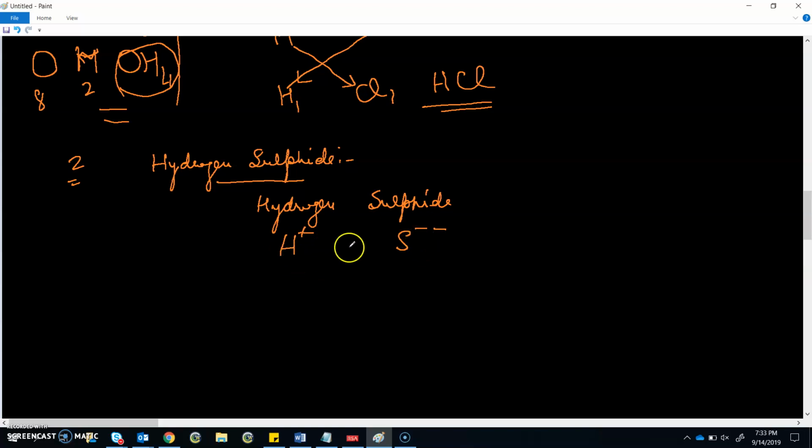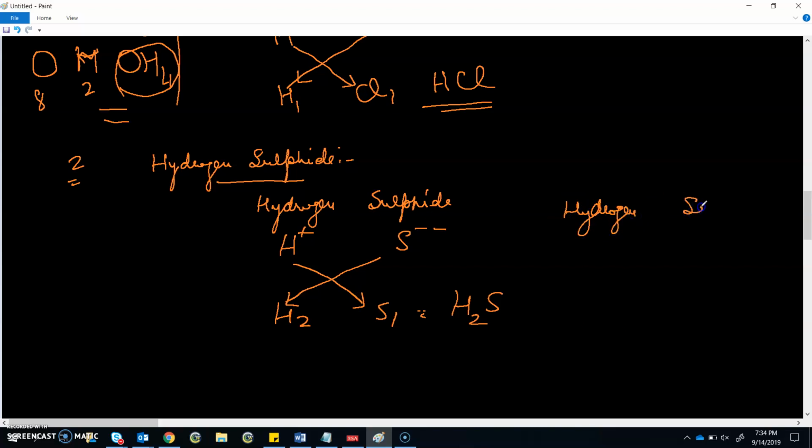That means to equalize the valencies, first method that I told you, you can write like this. Write H and S, and write the valencies. This valency comes to this side and this valency comes to this side. The formula becomes H2S, that is hydrogen sulfide. The other way is hydrogen and sulfide.